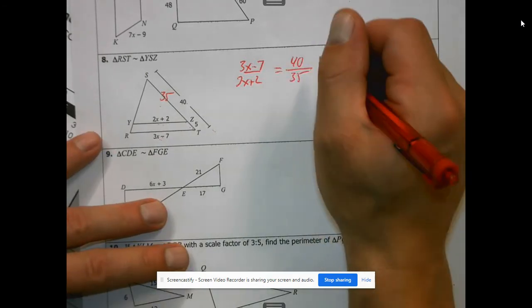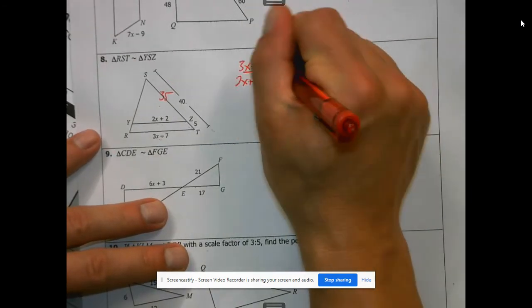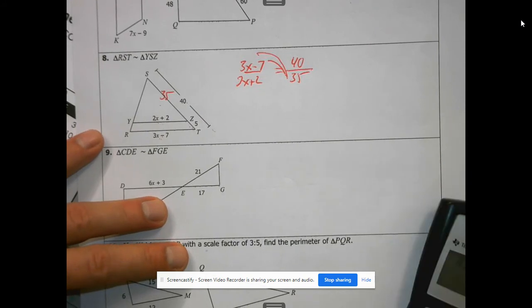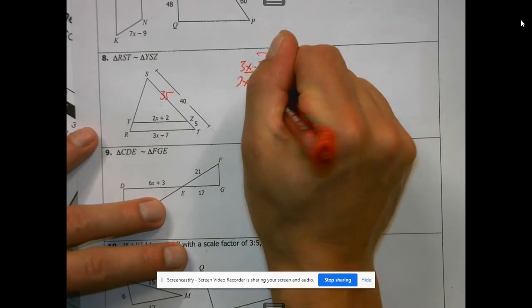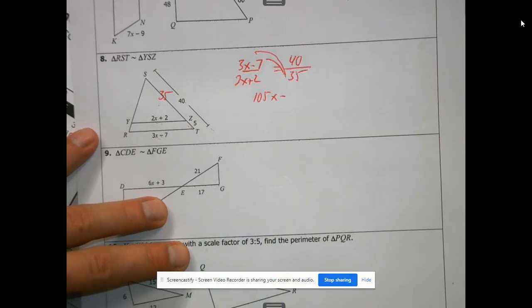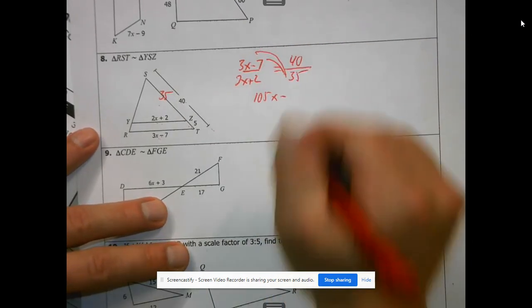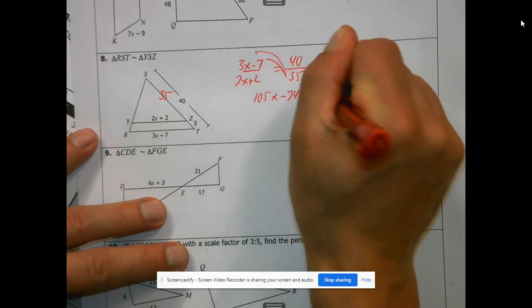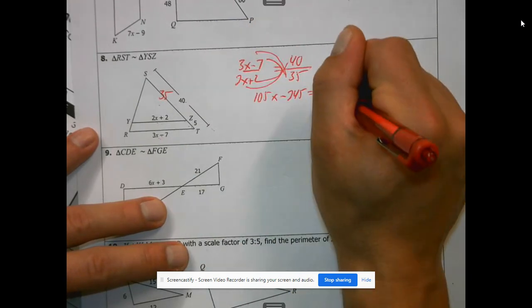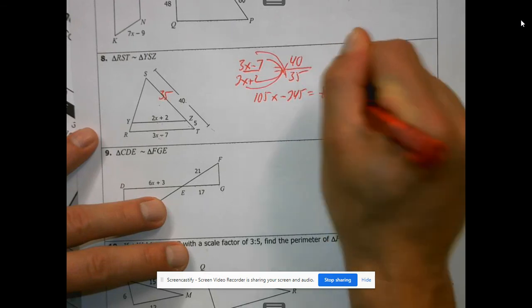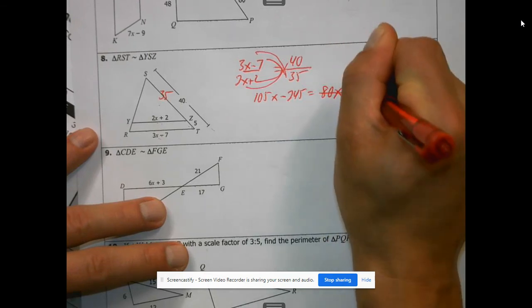All right, we can cross multiply. Let's see here. 3x times 35, 105x. 35 times 7 is 245. 40 hits both of those. That would give me 80x plus 80.